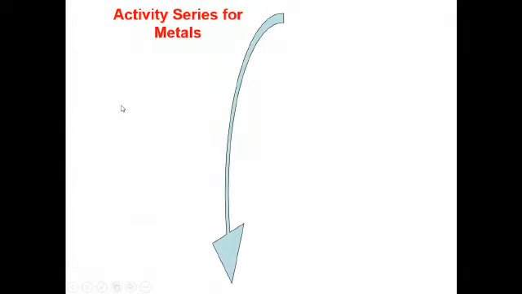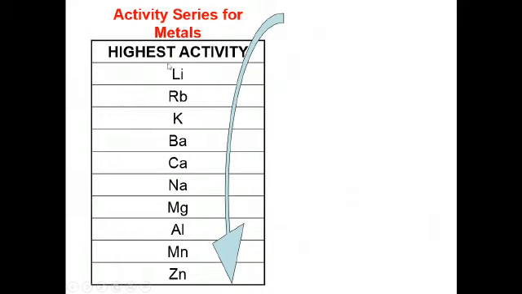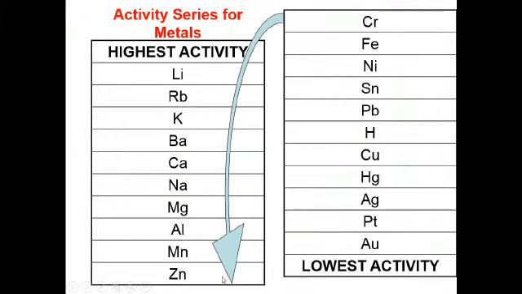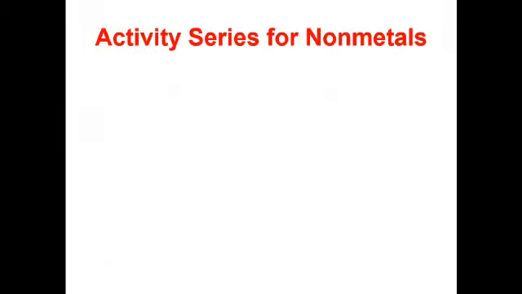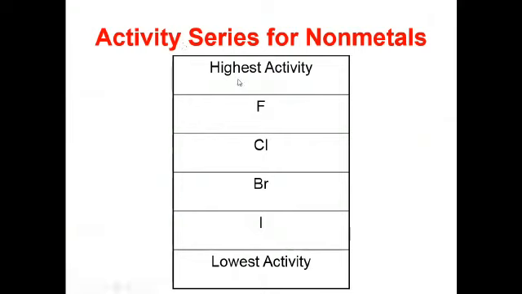This is the activity series for metals from highest to lowest: lithium, rubidium, K, etc. Activity series for non-metals: fluorine, chlorine, bromine, and iodine. The most active among them is fluorine.